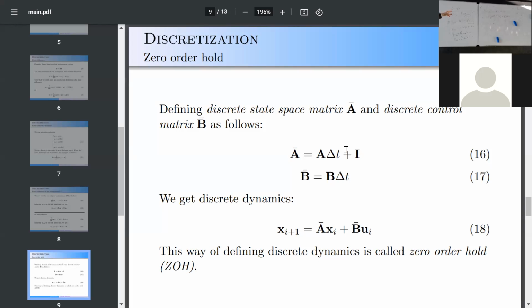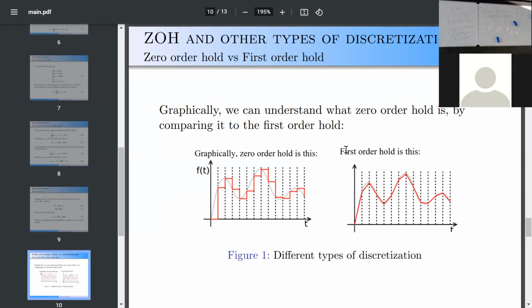So just more comments on notation. This is called zero order hold. Why? Well, it is easy to explain on the picture, but we cannot see the picture. That's very unfortunate. Let me try to draw the picture. This discretization basically says that your x dot acts as a piecewise constant function.